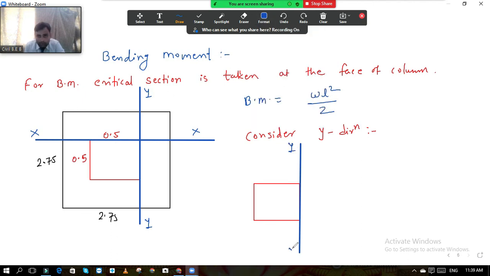Now this remaining portion also I will draw. This is the edge of the footing.